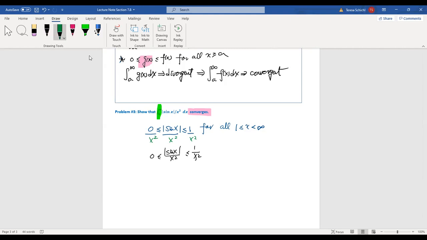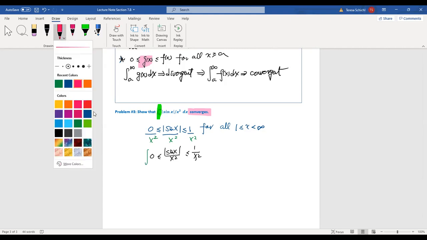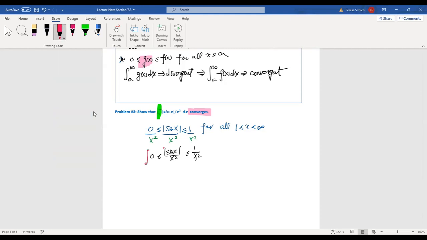And now I'm taking the integrals, for all sides from 1 to infinity. Of course, this one is 0.